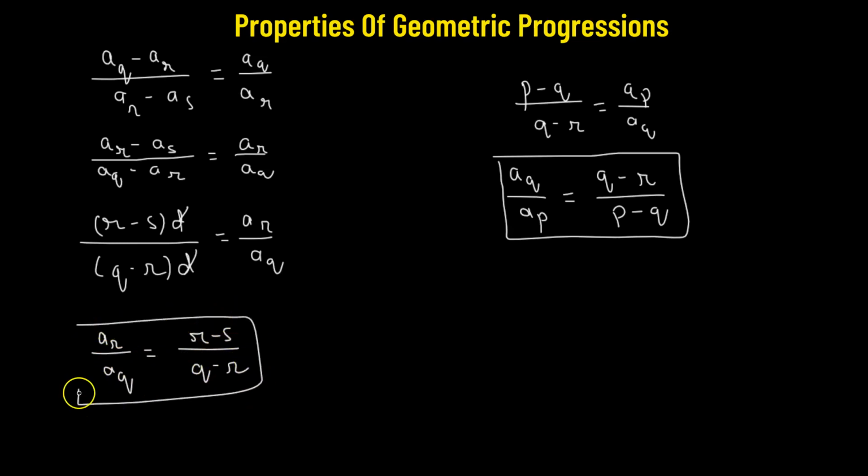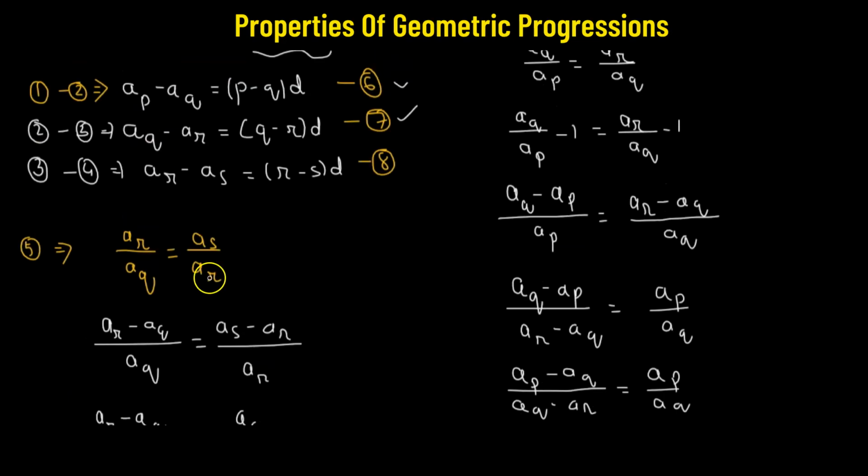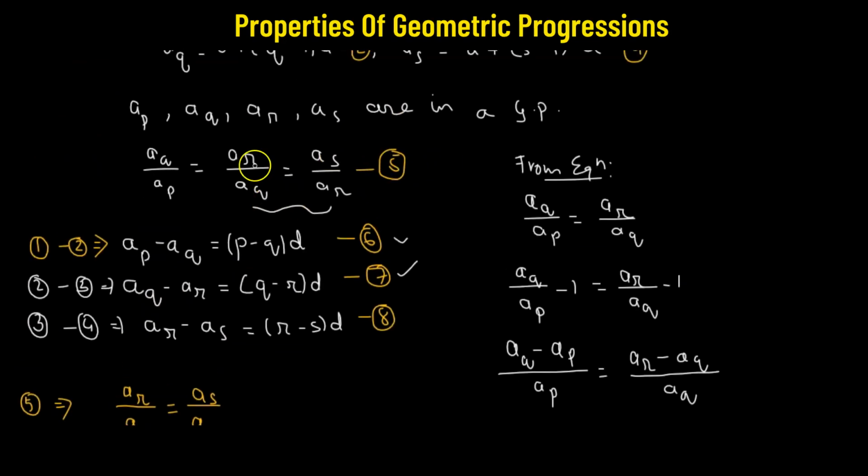Now we have already shown that this ratio, the Qth term over the Pth term, is equal to the Rth term over the Qth term. We have already shown this here.